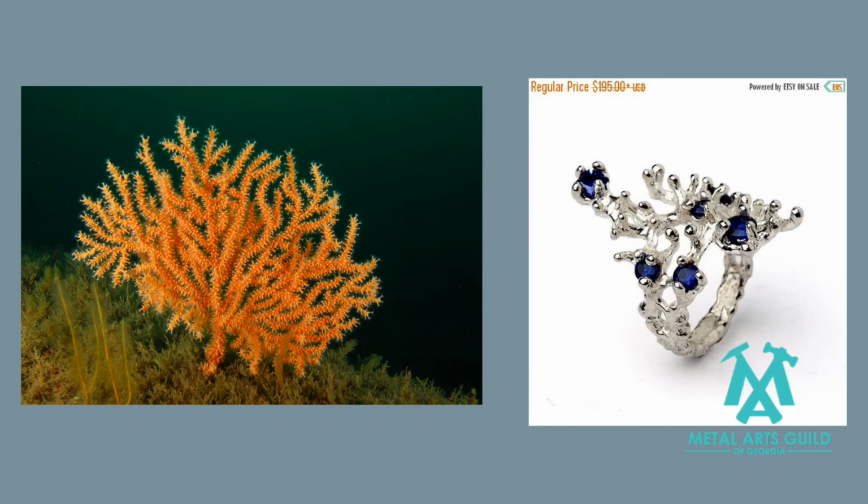I also wanted to include some with stone setting to show how other artists took inspiration from things like coral and then were able to incorporate different stones into their jewelry. Just because I don't typically use gemstones in my jewelry doesn't mean you don't have to when you're abstracting. Gemstones and other stones can definitely be part of your jewelry design when you're abstracting.